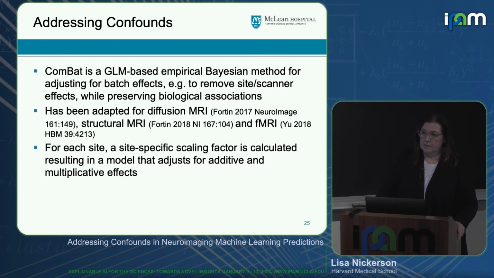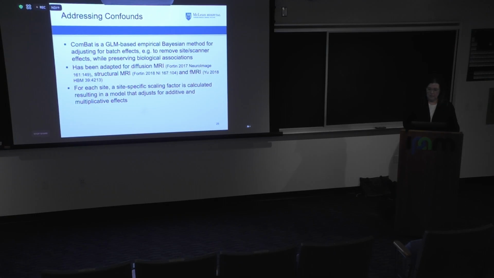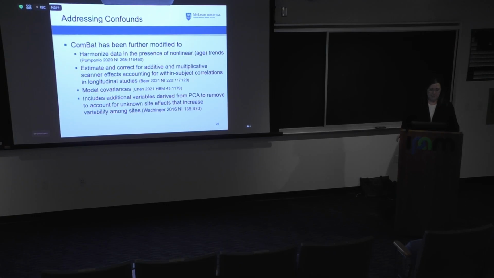It's been adapted for multi-site diffusion MRI data, structural MRI data, and functional MRI data. For each site, a site-specific scaling factor is calculated, resulting in a model that adjusts for additive and multiplicative effects. And this technique seems to work quite well to reduce site variability.